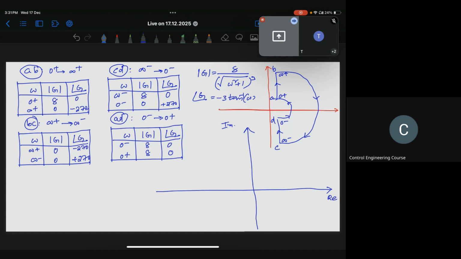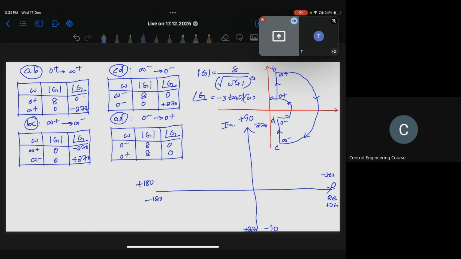First we start with A. A is starting at 0, ending at minus 270. So this will be 0, plus 90, plus 180, plus 270, plus 360. If you come in the reverse, this is 0, minus 90, minus 180, minus 270, minus 360. Okay, so that's the way you proceed.